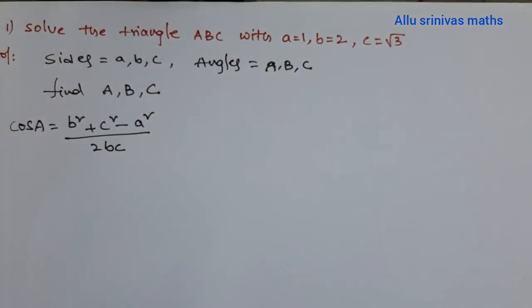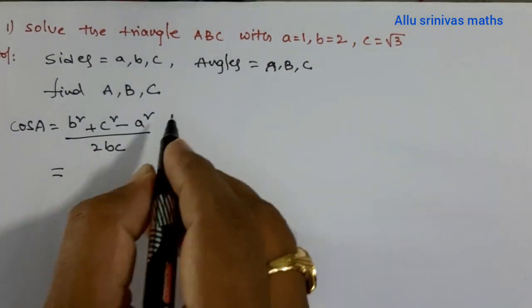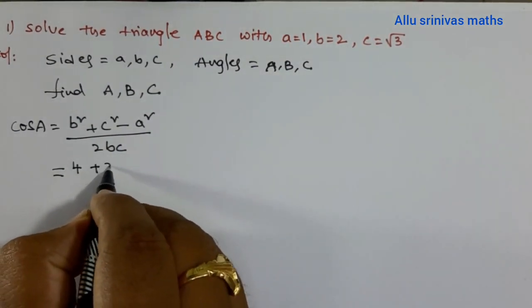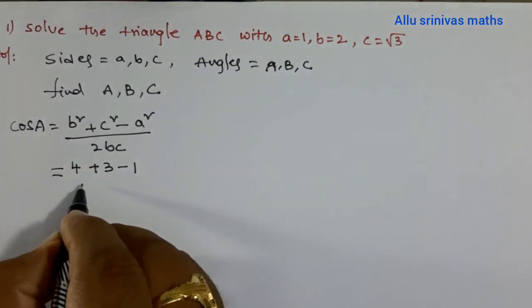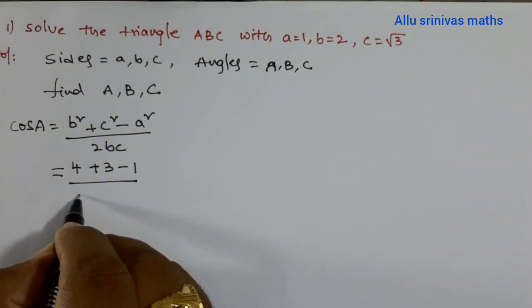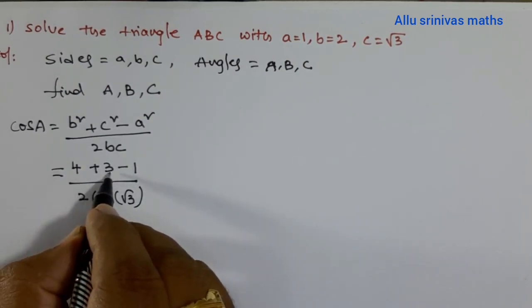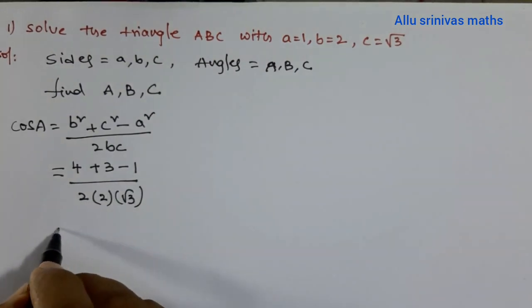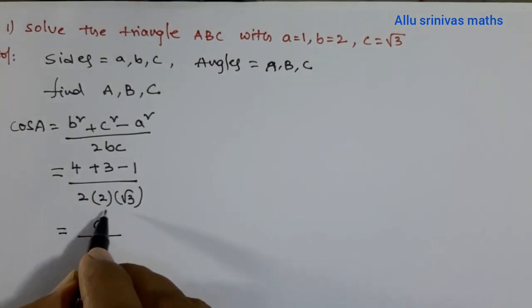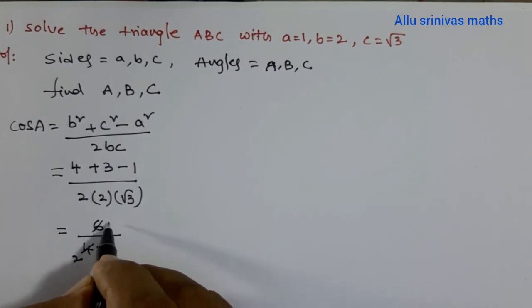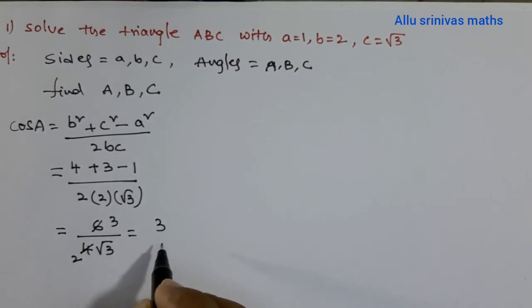Substitute the a, b, c values in this formula, where b square is 2 square, that is 4, c square is root 3 square, that is 3, a square is 1, by 2bc. b is 2, c is root 3, and then simplify. 4 plus 3 is 7, 7 minus 1 is 6, 6 by 2 into 2 is 4, 4 root 3, and then finally 2 cancels in numerator and denominator, 3 by 2 root 3.